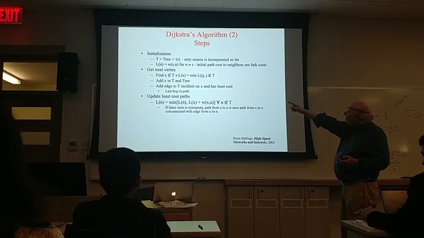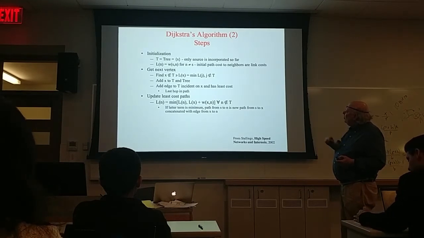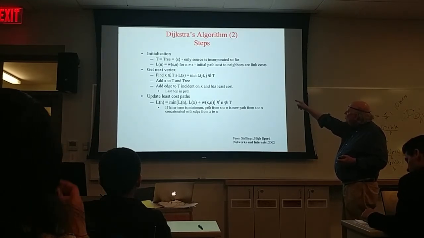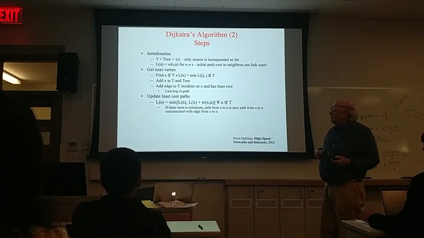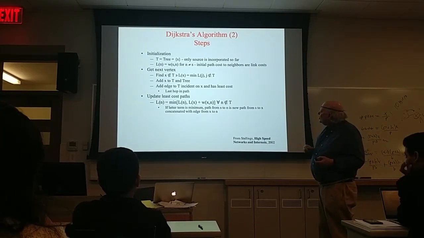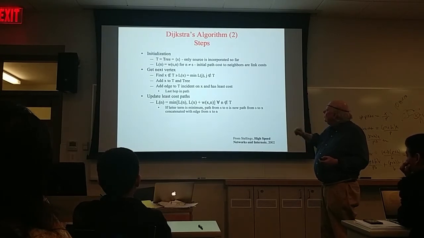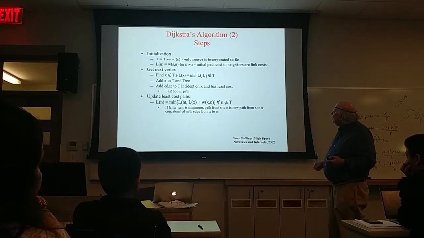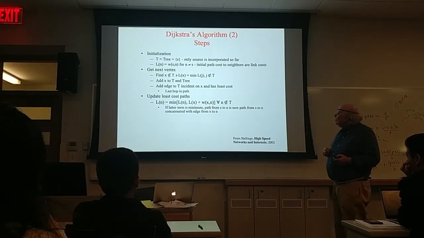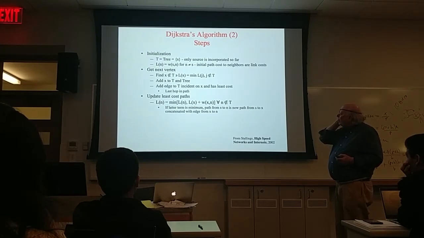We want to find X, not an element of T, such that L of X equals the min of L of J for J not an element of T. Add X to T and tree. Add X edge to T incident on X that has least cost path. And if this is the last hop on the path, then we're done.